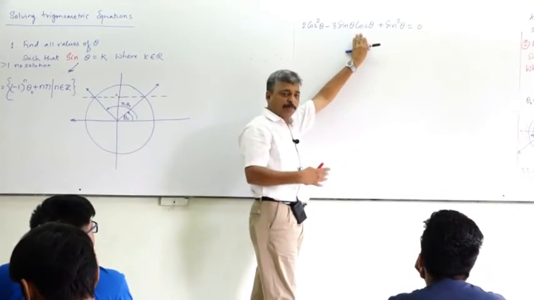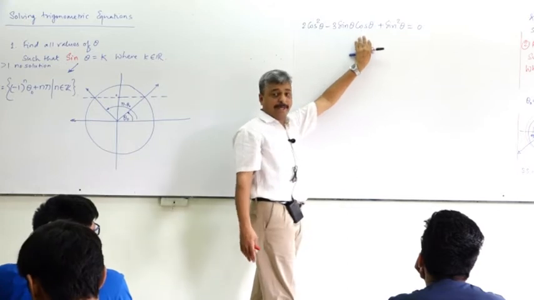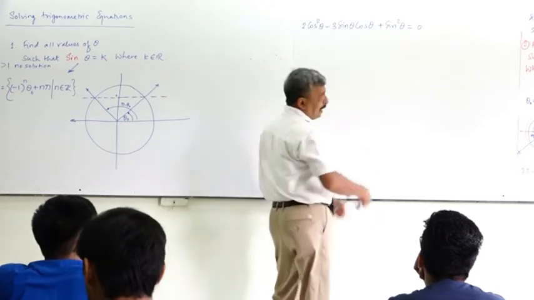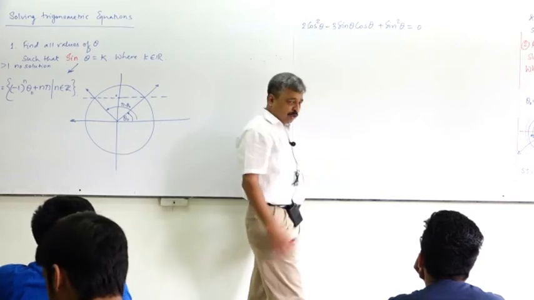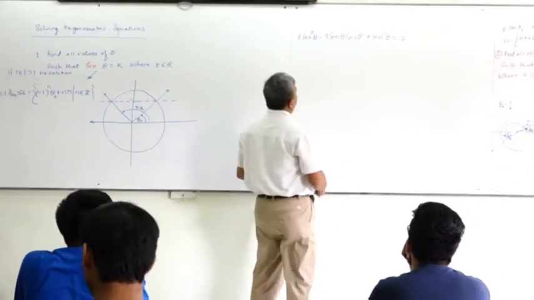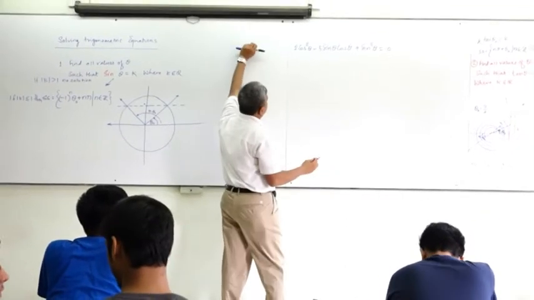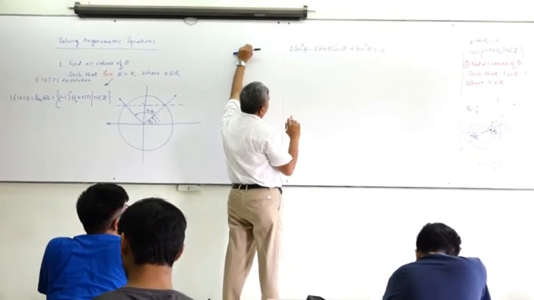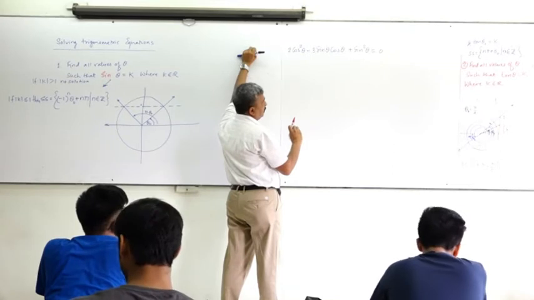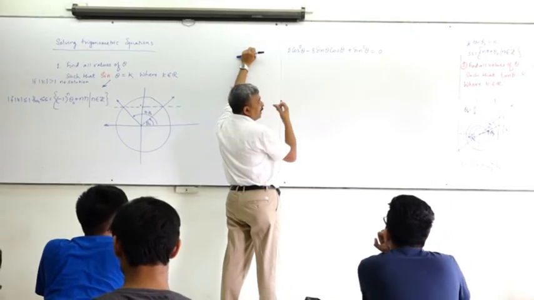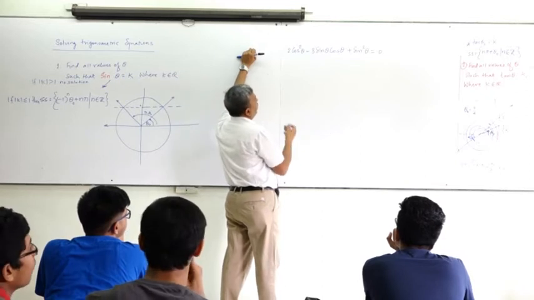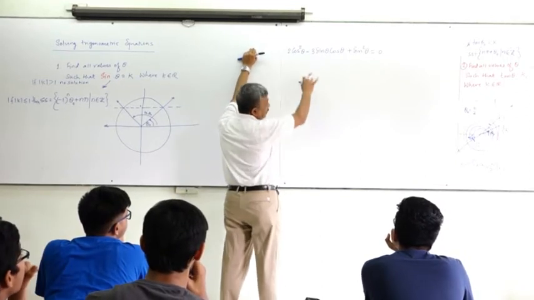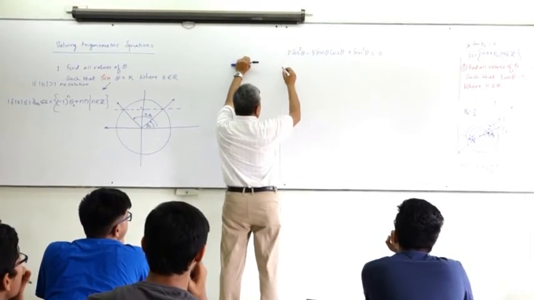But as far as possible I would like to avoid squaring, because I will have to spend time after getting the solution deleting the unwanted solutions. So my efforts will be towards solving it otherwise, and if I cannot get into purely sin or purely cos, then I will try whether I can get into purely tan. In this case it is true.